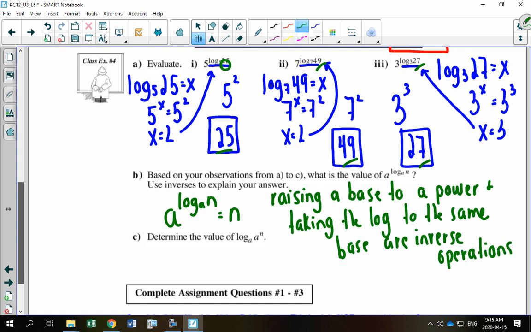Okay, so raising a base to a power, so we have a base of a to a power, and then taking a log of the same base. Those are inverse operations. So then we're just left with whatever that argument was.